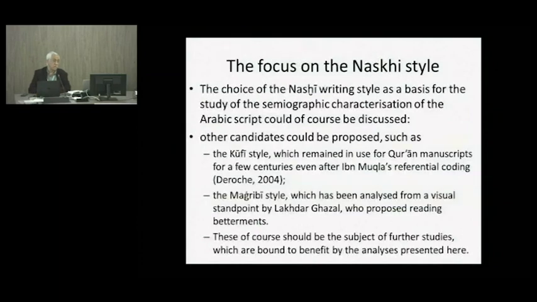The focus on the Naskhi style could be discussed. We could take other types of writings, Kufi writing, this could be discussed. But Ibn Muqla has devised a systematic way of presenting the shapes of letters when it comes to strokes.